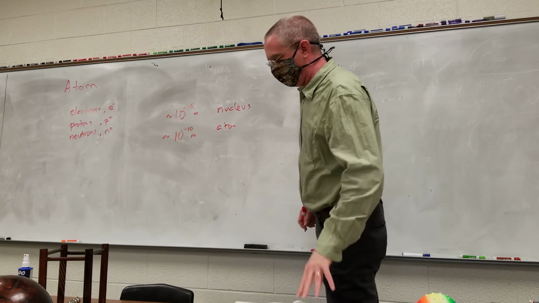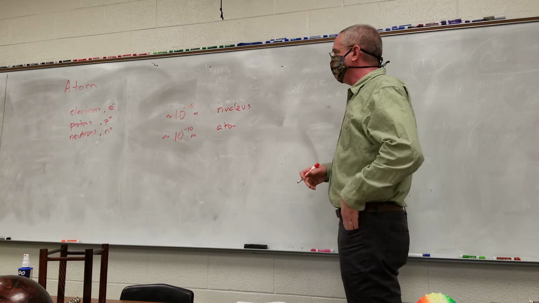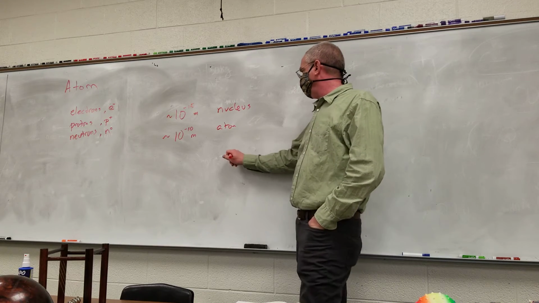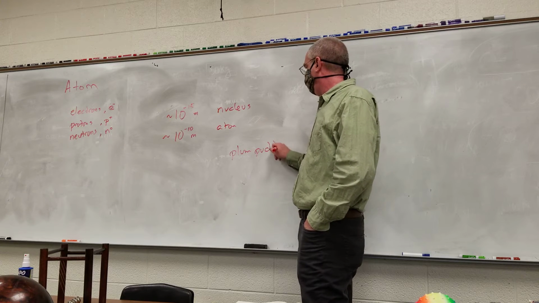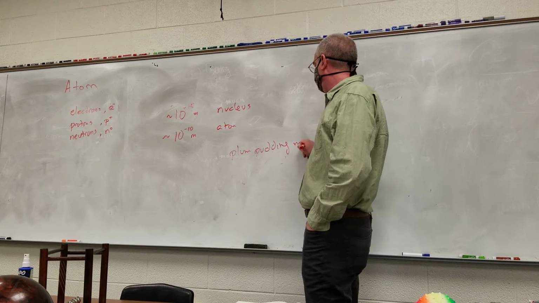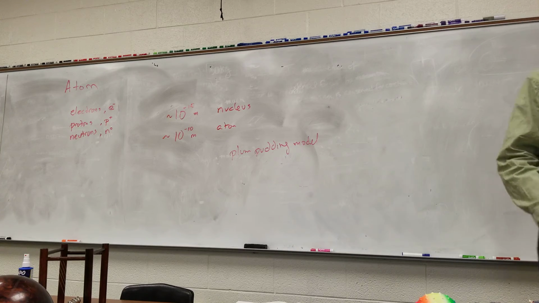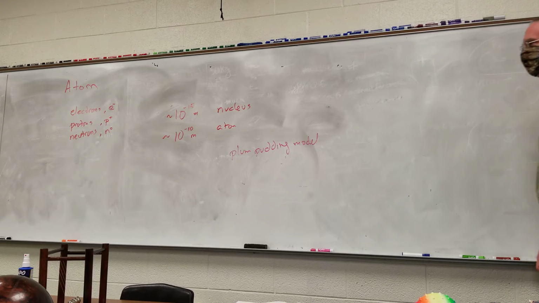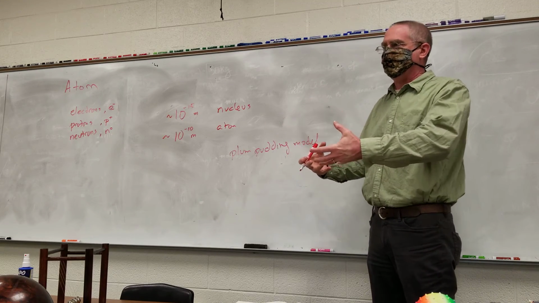They were trying to figure out what goes into it, and they had what was known as the plum pudding model. They realized it was made up of positive and negative charges, and they had this idea that there was basically a sea of positive charge. They didn't know about protons yet.